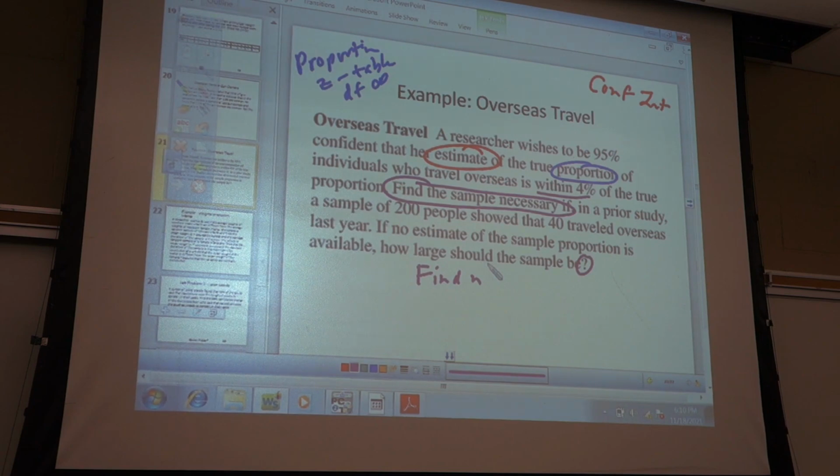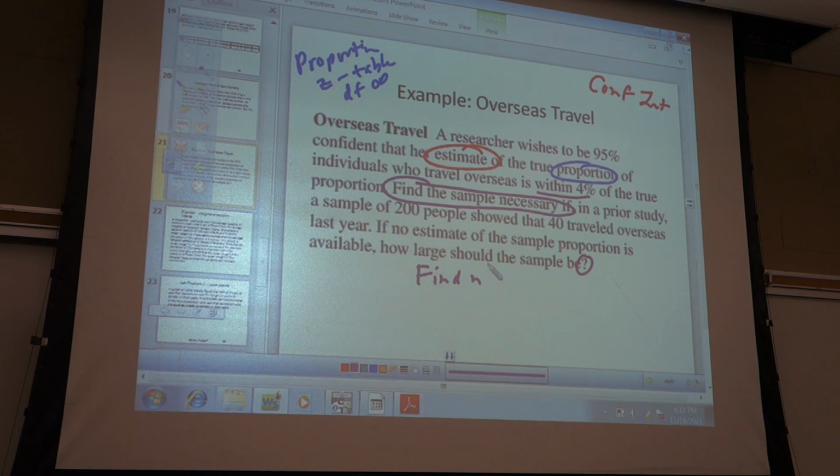Proportion, confidence interval, where? Yep. Where exactly? Here. Yep. The exact line. What line specifically? I would write down that one. Yep. Lower.